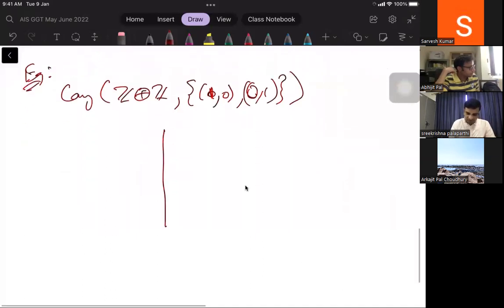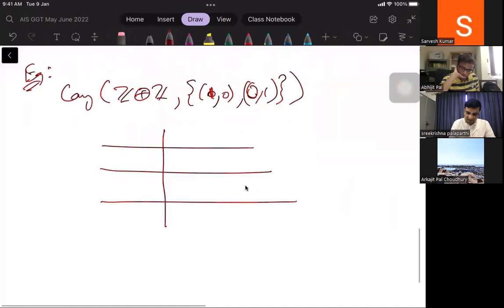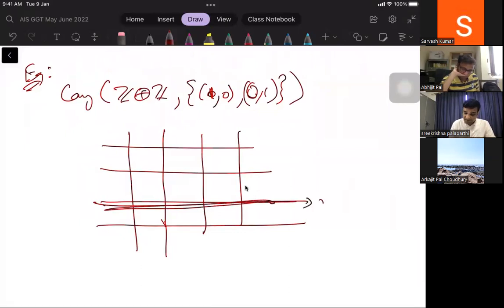We saw that the Cayley graph will be a grid, the lattice in R2. Let me mark the x-axis and y-axis in R2. So you get this as the Cayley graph.